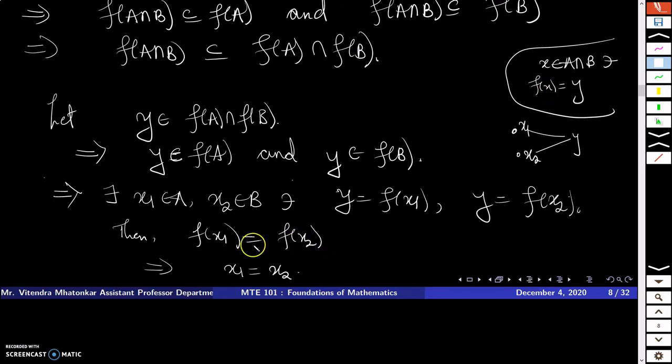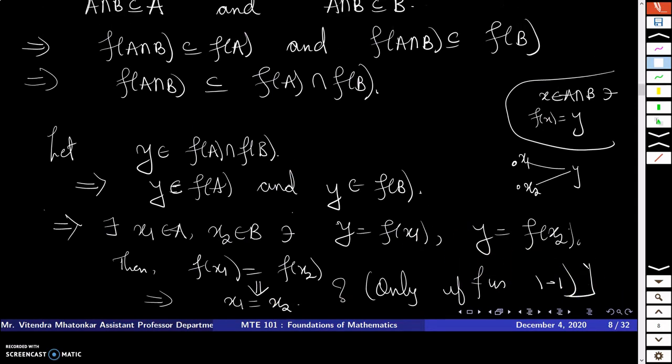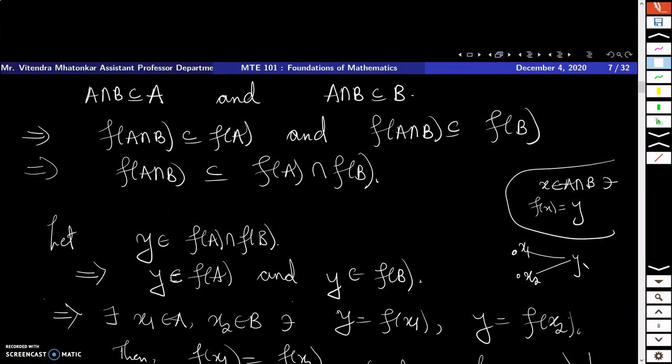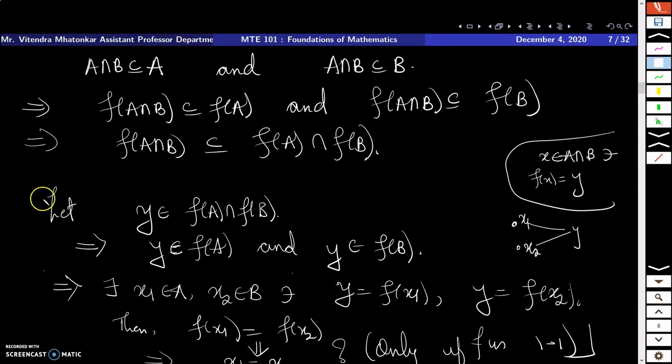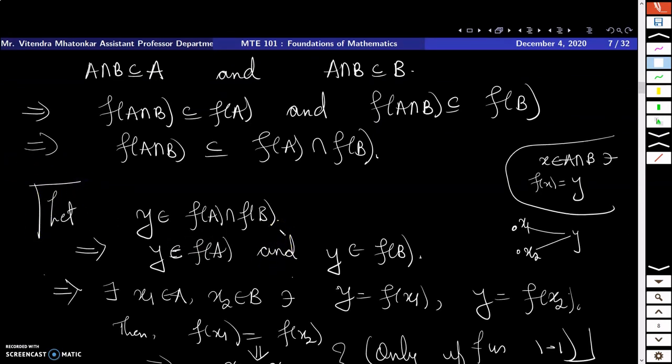But this will happen only when f is 1 1. Okay, only if f is 1 1. Otherwise I cannot conclude this. That means I cannot conclude that f of A intersection f of B, that is the second half, is a subset of f of A intersection B, right?